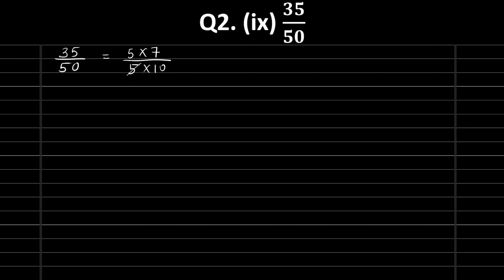We can cancel it out. We will be getting 7 upon 10. Now, 7 upon 10, easily we can write it down as 0.7. Same reason, since we have only 1 zero in the denominator, we will be shifting the decimal point only one place towards the left-hand side. So, therefore, we will be getting 0.7.